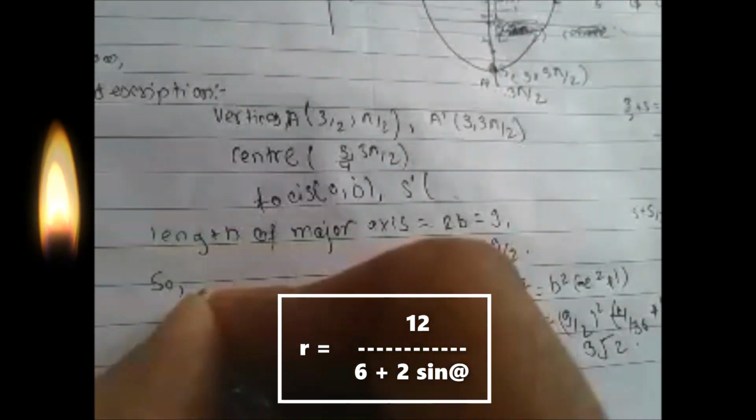So our CS will be ae, that is the value of a, 3 root 2, and the value of e is 1 by 3 root 2, which is 1.41.